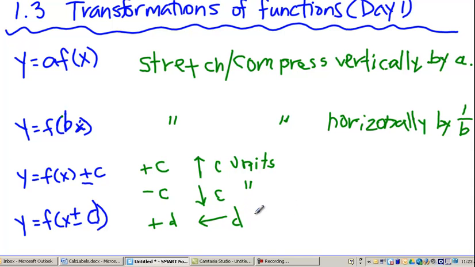And I will put tricky problems like this on your quiz, so you need to make sure you have that memorized. And if it's minus D, you're going to go to the right D units.